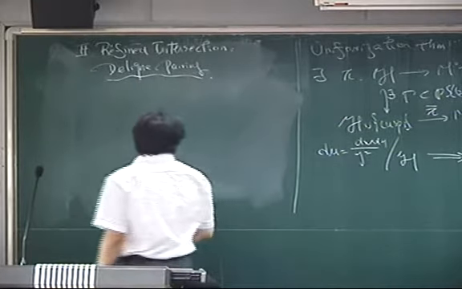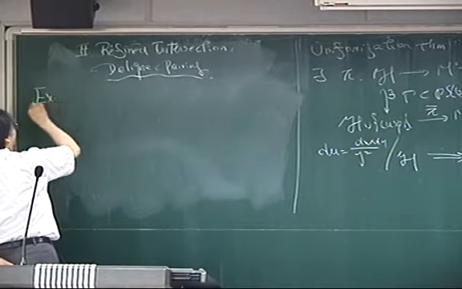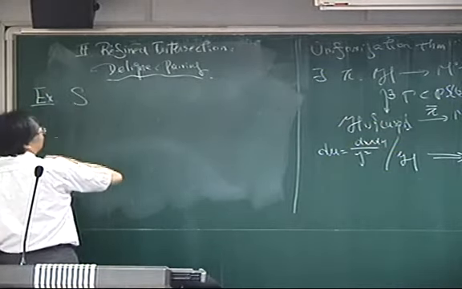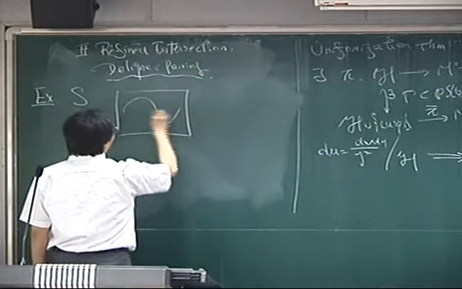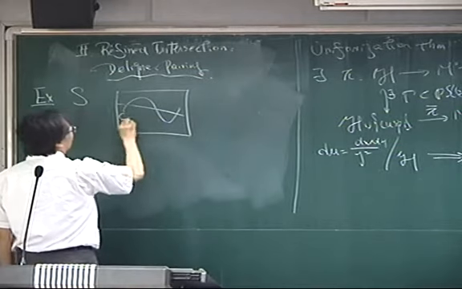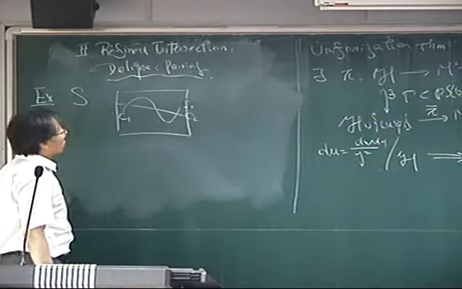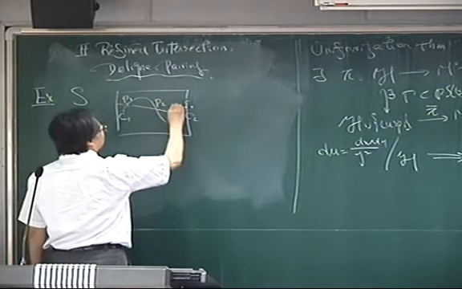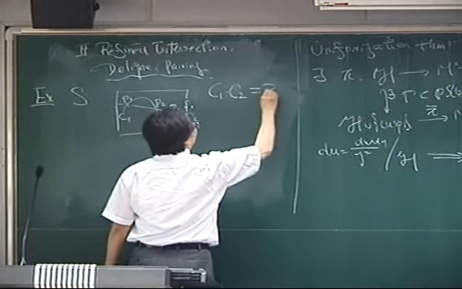I will not give you the general definition, but I will use an example to illustrate it. You consider a complex surface S, dimension 2, with two curves, C1 and C2. They intersect at P1, P2, and P3. You have C1 dot C2 equals 3.